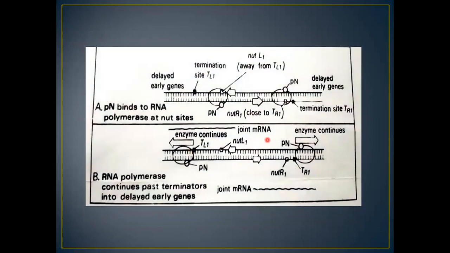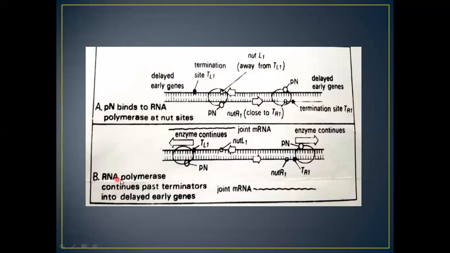In this diagram, we can easily understand how N protein and antitermination take place. In diagram A, protein N binds to RNA polymerase at the NUT site. The transcription includes a gene N whose product is the antitermination protein.